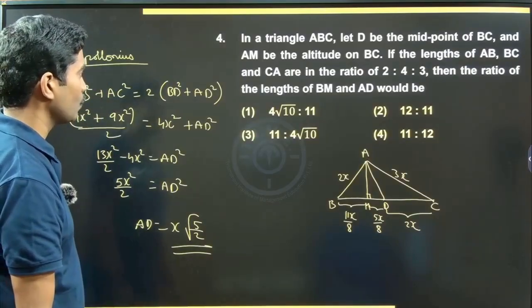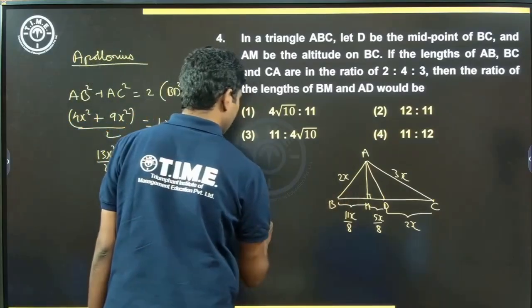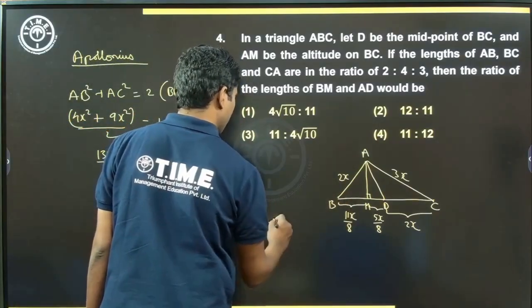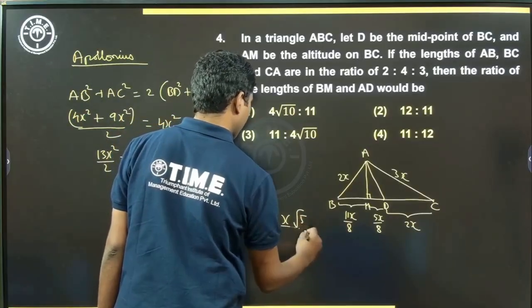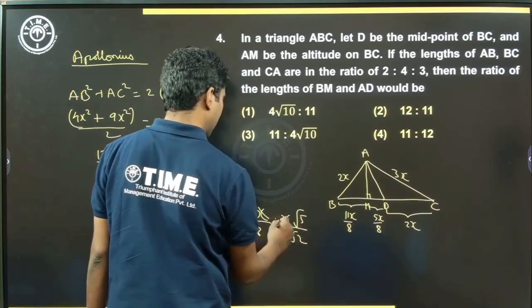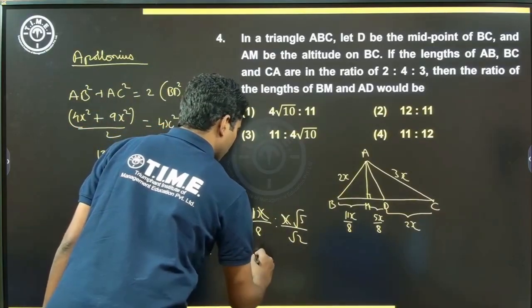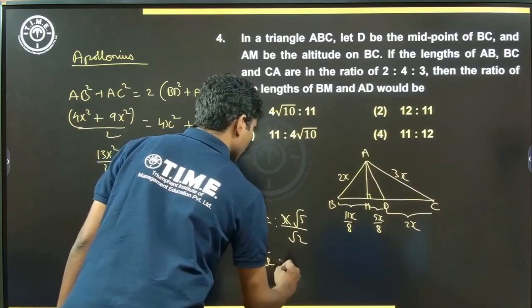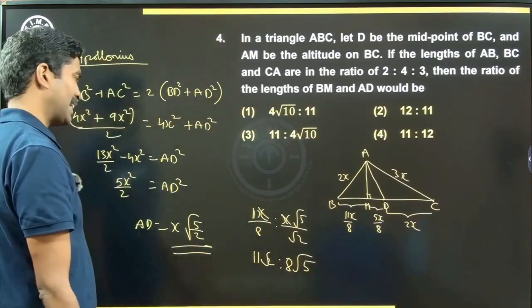Now we just need to find the ratio of BM and AD. What is BM? 11x by 8 is to what is AD? x root 5 by root 2, right? X cancels, right? This I'll just cross multiply. 11 root 2 is to 8 root 5, right? What else can we do?